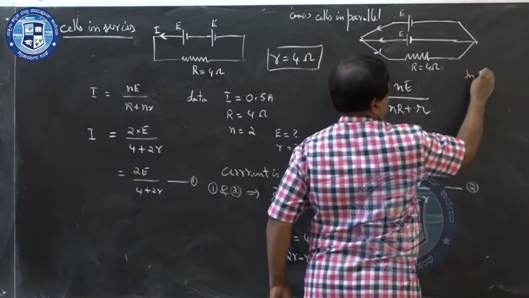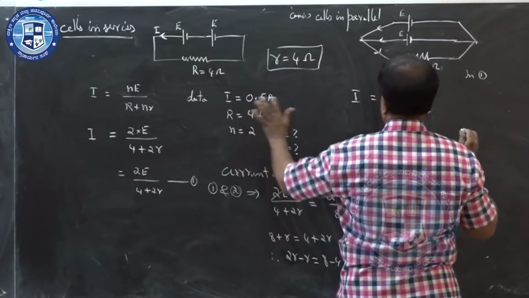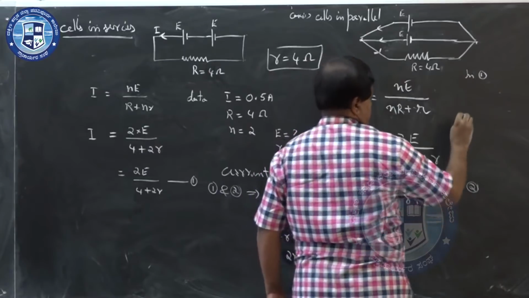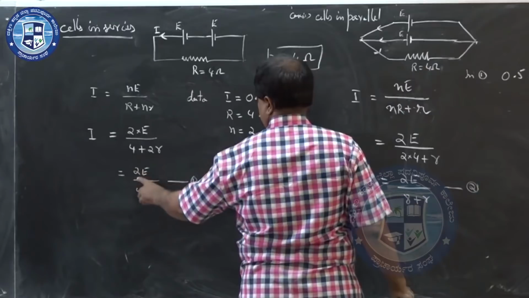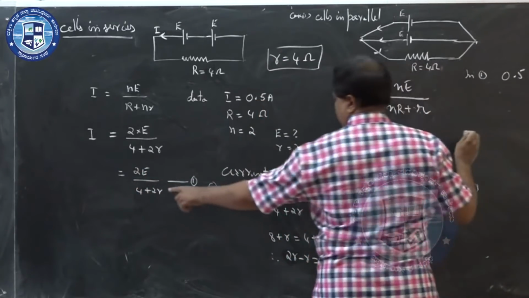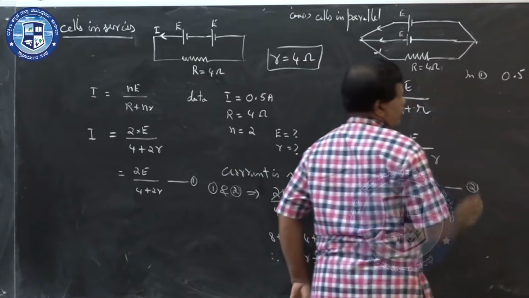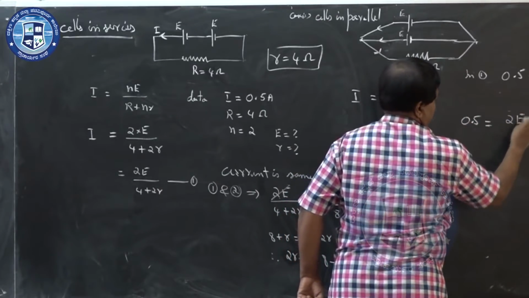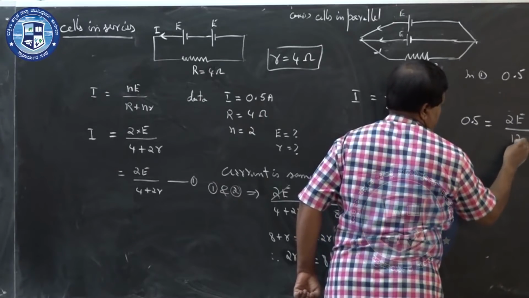So, in 1, the current is given, so 0.5 equal to 2 into E divided by 4 plus 2 into 4. So, 0.5 is equal to 2E divided by 8 plus 4, it is 12.